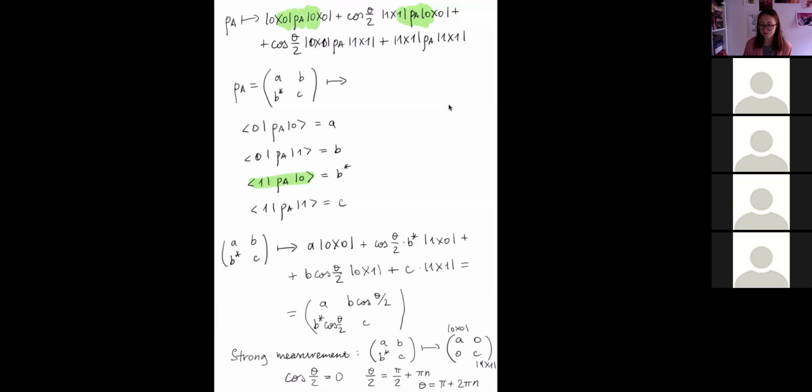So the idea of the weak measurement is also that, for the strong measurement, if we interpret the second qubit as writing down into memory, then in the end we don't have to measure the initial qubit, but we can only measure the memory, in which we copy the state. And for the strong measurement, if we measure the second qubit, which acts like a memory, then we get this correlation with probability 1. So if we measure the memory in the state 0, then it also effectively collapses the first qubit into the state 0.